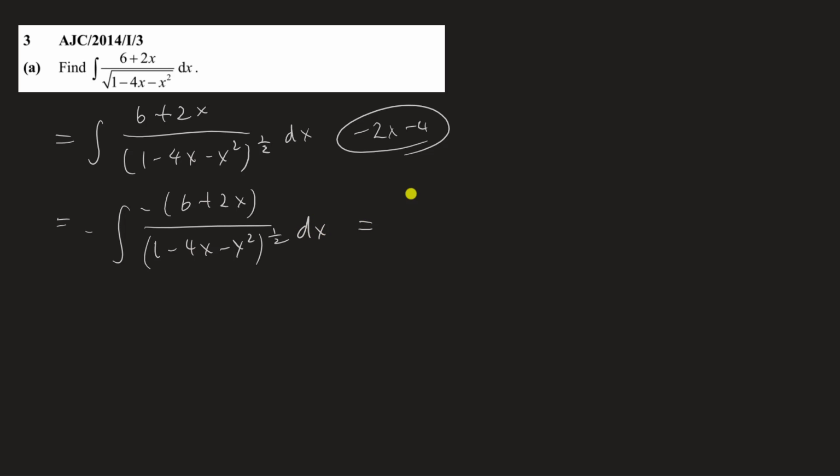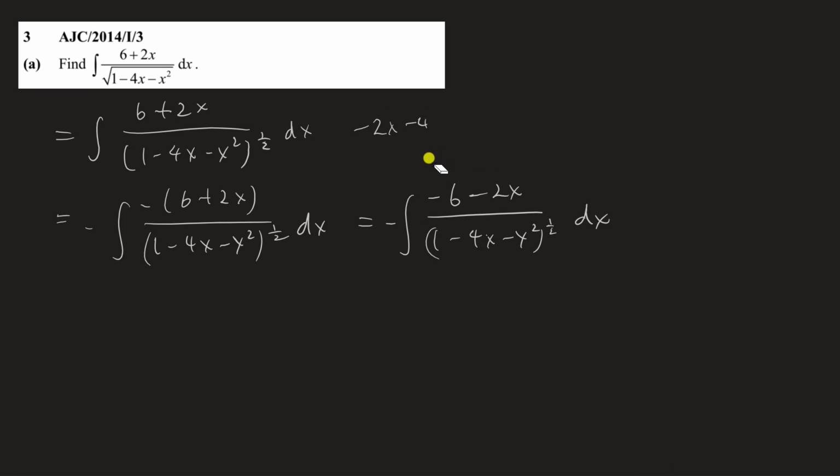After that, you realize that this is like that, minus 6 minus 2x over 1 minus 4x minus x squared, power half. This sort of looks like that, but not really. To do that, we have to split the 6 into 2 pieces, into a negative 4 and a negative 2.